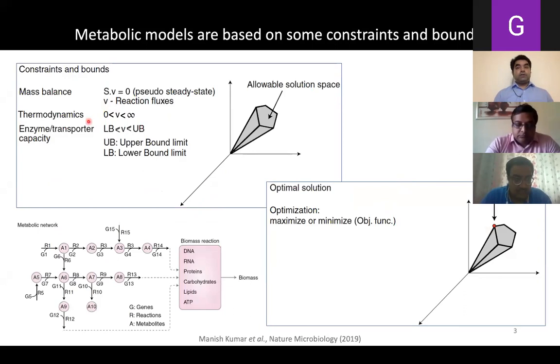Flux of each reaction should be between defined upper and lower bounds, which defines basically the capability of each enzyme. I don't want to bore you with the details, but what I want to highlight here is that we solve these metabolic models using linear programming optimization.